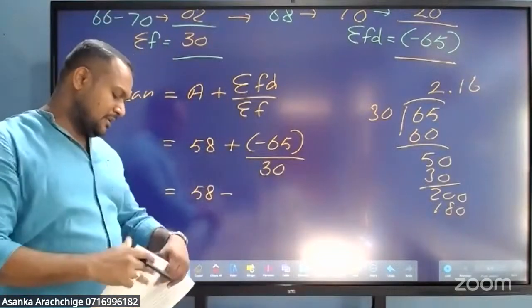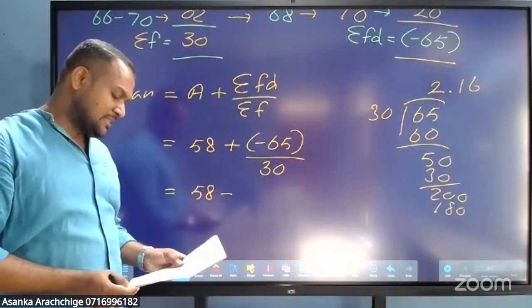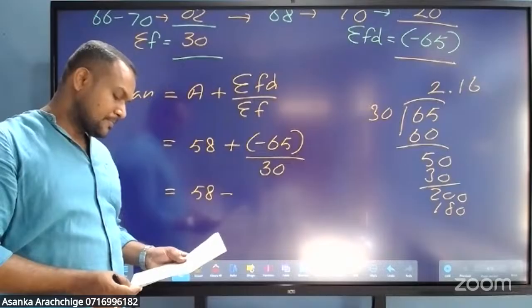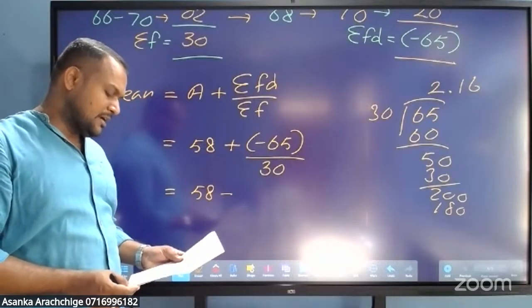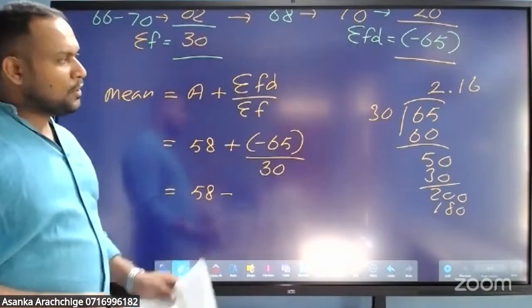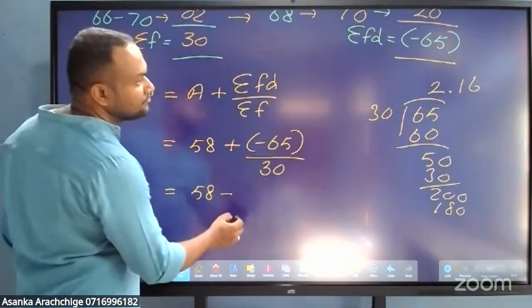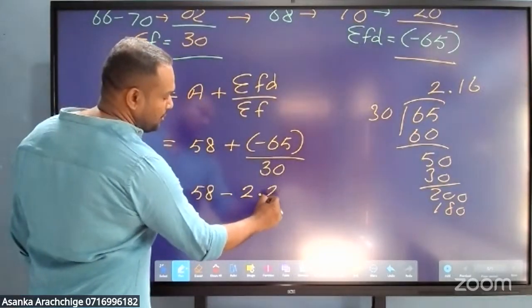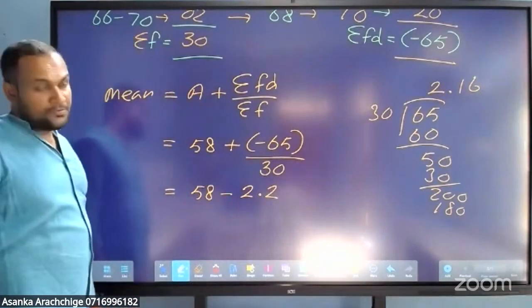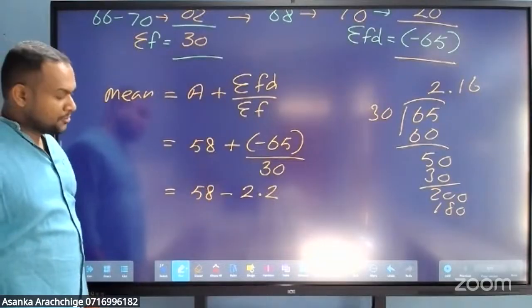Then we have to find the mean amount of rice distributed in a day to the nearest whole number. That is approximately 2.2, no? After the first decimal place, 2.2.